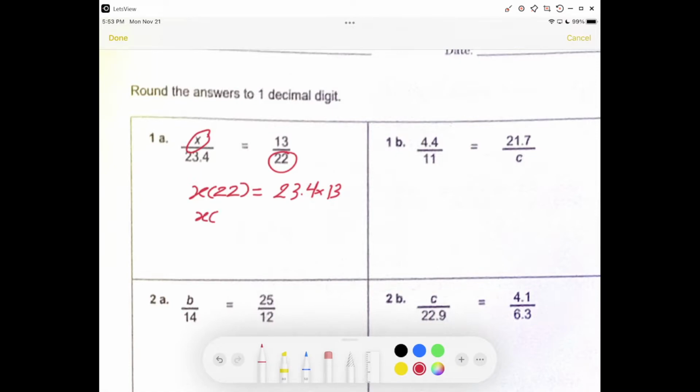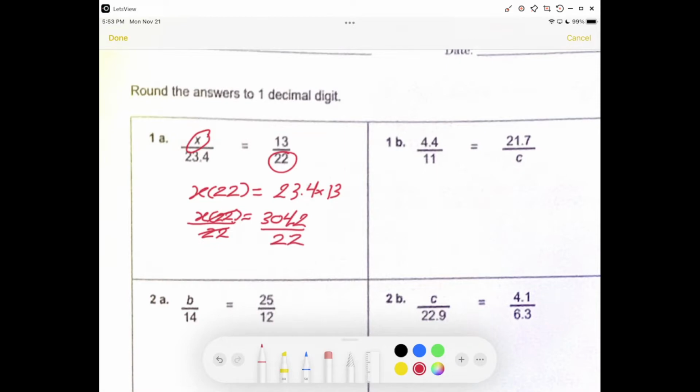So x times 22 is equal to 304.2, right? So now all we have to do is simply divide by 22 on both sides.